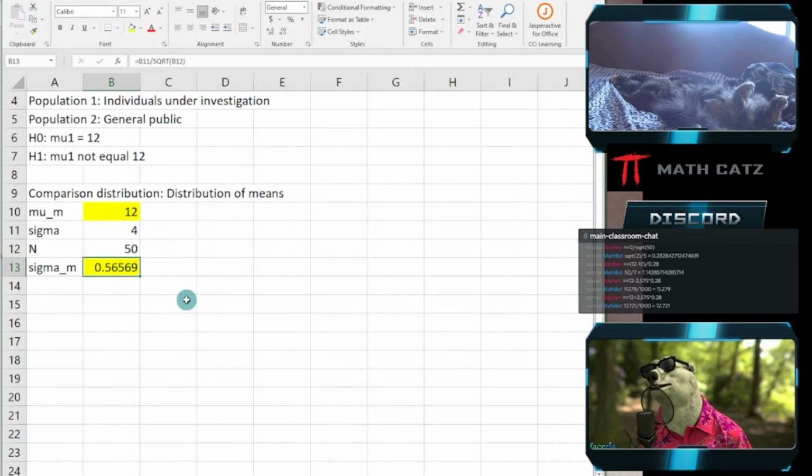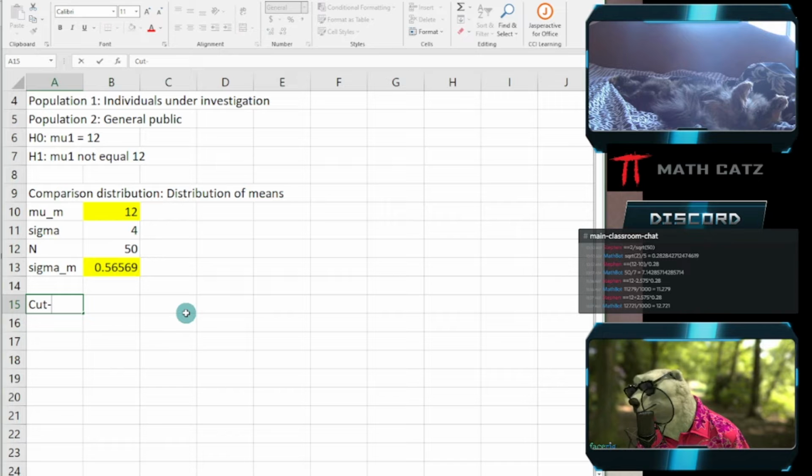So that was our second step in the hypothesis testing breakdown, where we just get all the information of the comparison distribution, in this case the distribution of means. Then next we want to calculate or determine our cutoff z-score. In this case, because it's a normal distribution, it would be a z-score.